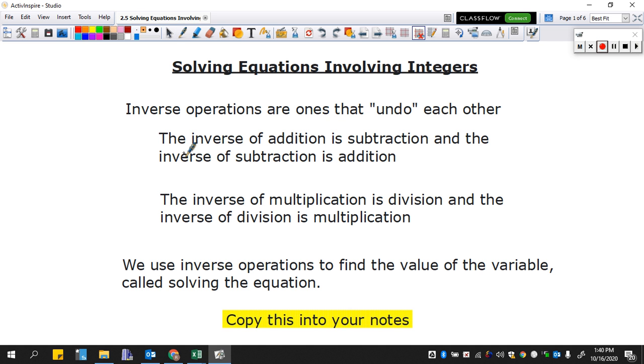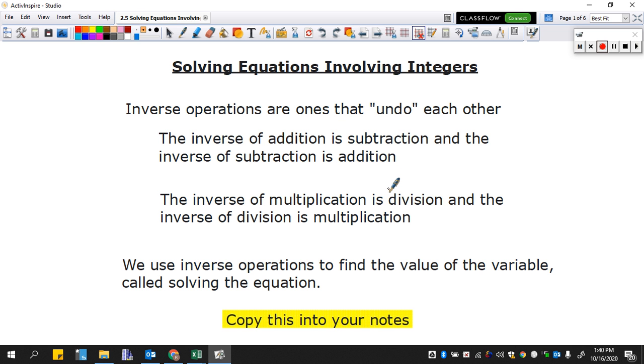So the inverse of addition is subtraction, and also the inverse of subtraction is addition. The one undoes the other one. The same thing goes with multiplication and division. The inverse of multiplication is division, and the inverse of division is multiplying.